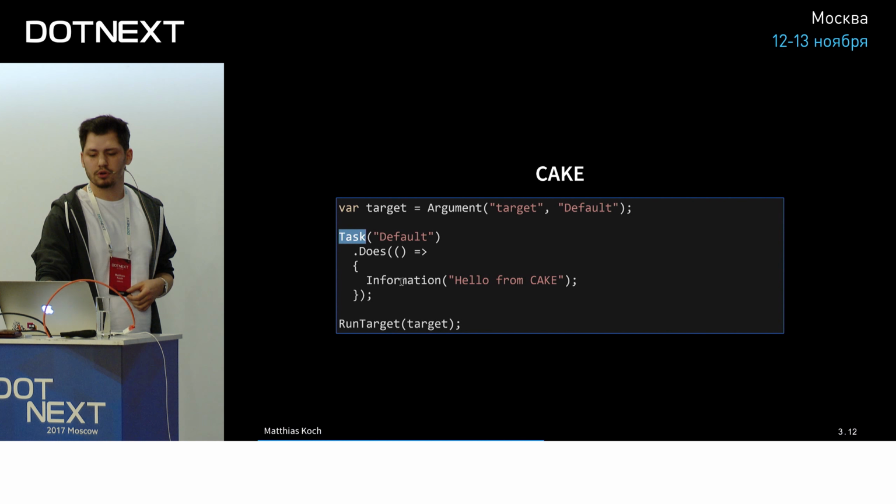And the first thing you have to do when you want to use NUKE is to go to the repository and copy one of the install steps. We provide them for PowerShell and for Bash, depending on what operating system you're working on. I already have that copied here, and let's execute that.